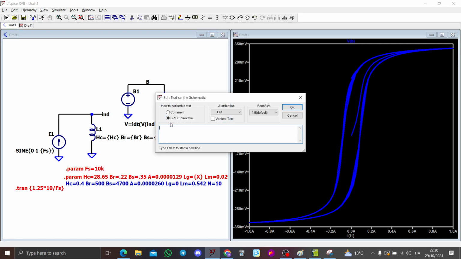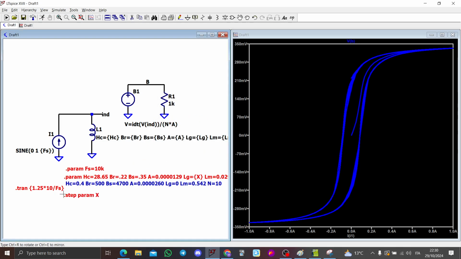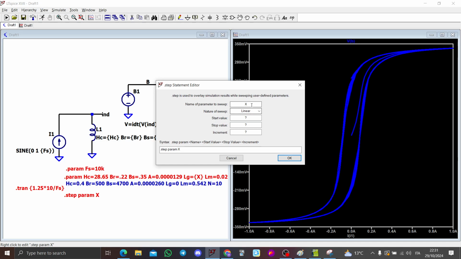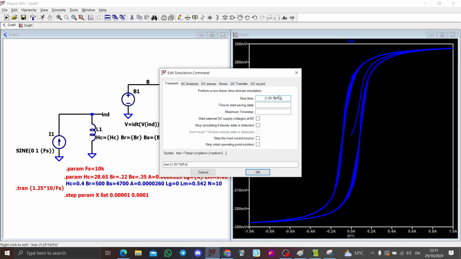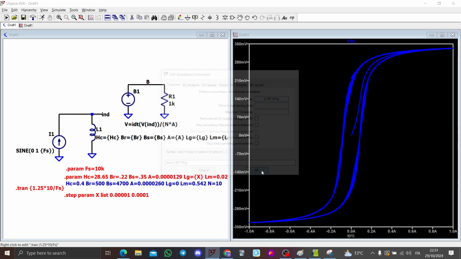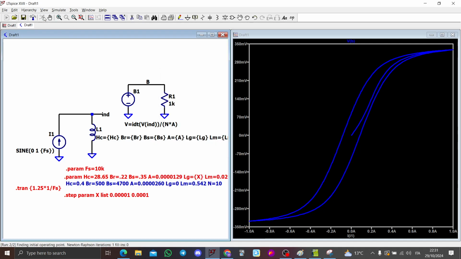So let's put .step param x, list, first value 0.00001, and the other the same but without the 0. Okay, so let's run the simulation. Not for 10 cycles, because otherwise it becomes impossible to read. Just one cycle is enough. And let's run the simulation.